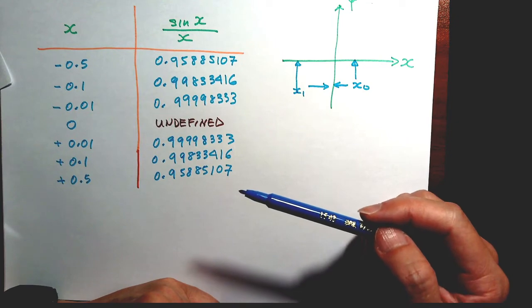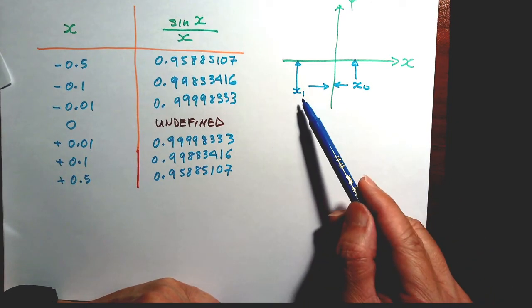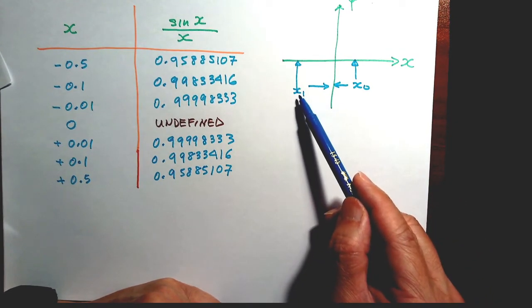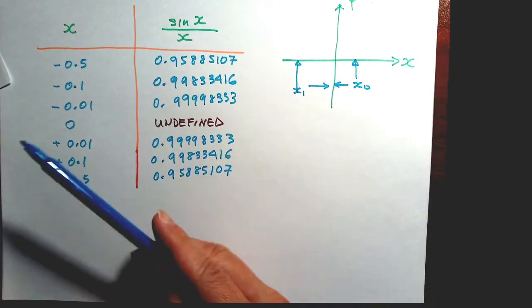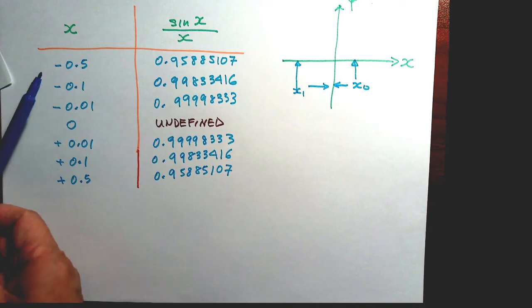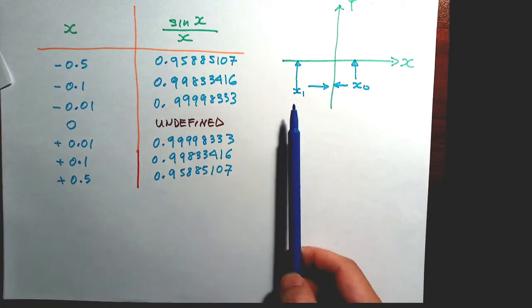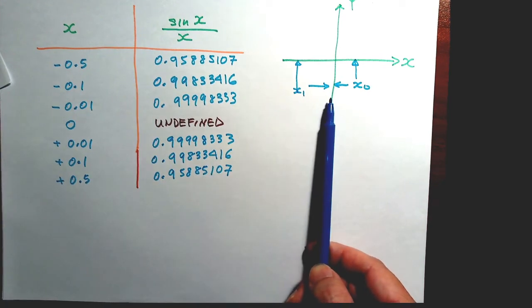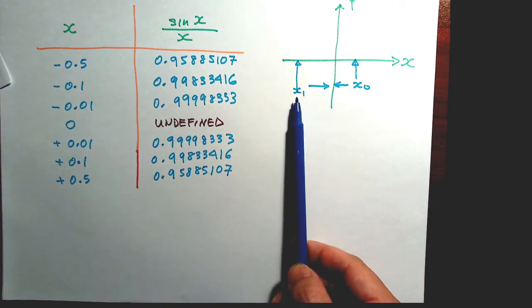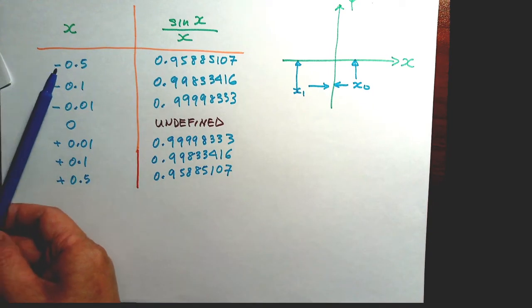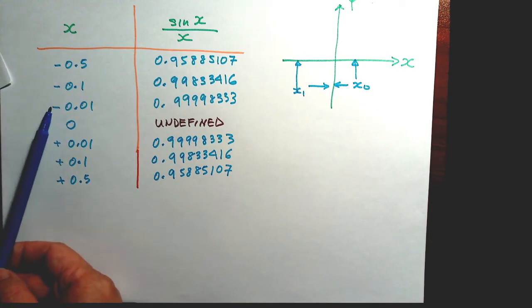And for the other case, x1, where x1 is a negative number, right here, x1 can approach 0 from the smaller side of 0, from the negative side, minus 0.5, minus 0.1, minus 0.01.